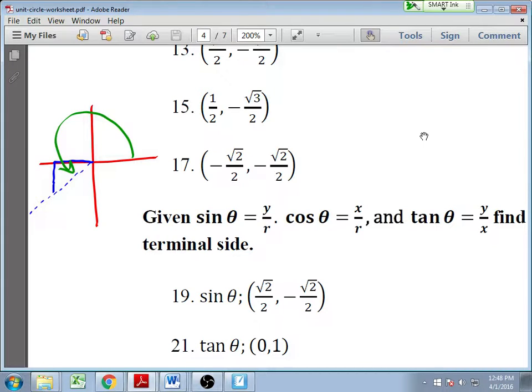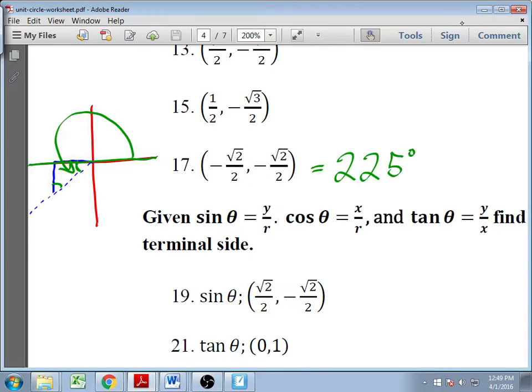So 17's easy. You're just going to have 180 plus the 45, which will give you 225. Because we see it's another isosceles triangle. The legs are the same length, so these two angles have to be 45 degrees. Since I know this has to be 180, I just add 45 to it.